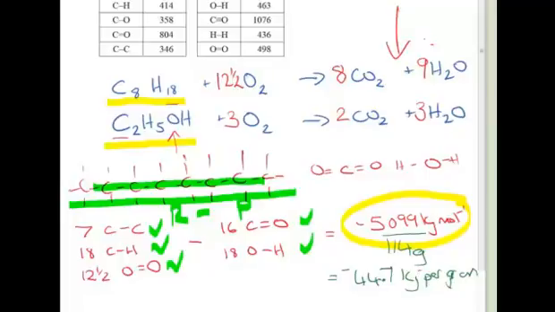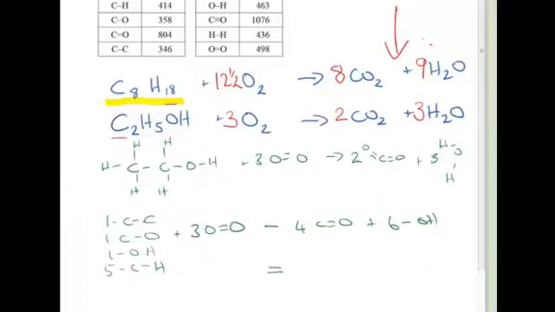Now we'll have a look at ethanol and see what we get for that. If we write out the formula for this again, we're going to find that we've got one that's often missed, the C=O bond or the C-C bond, so just make sure you get that. It's reactants minus products again, and if you want to, you could cancel one of those with one of those and make this 5, but it's really up to you whether you do that. You may want to show that you've included it, but it doesn't really matter. They can cancel if they're exactly the same.